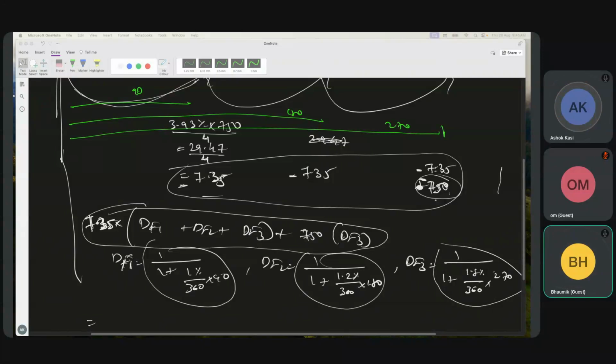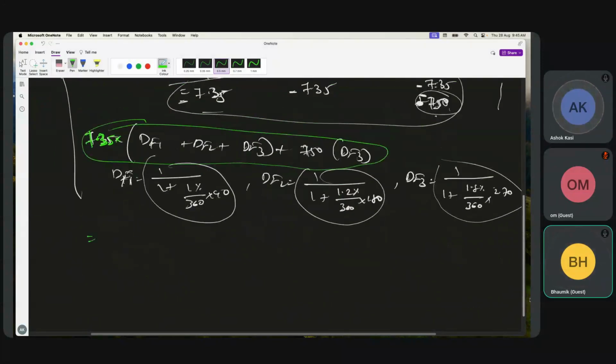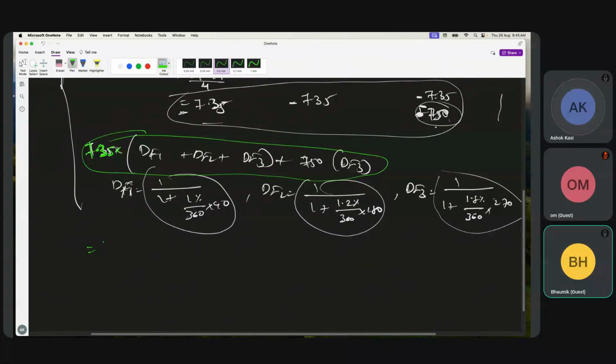Sir, the first equation's answer is 707.28. So overall, it is 707.28. Om, you also cross check once.